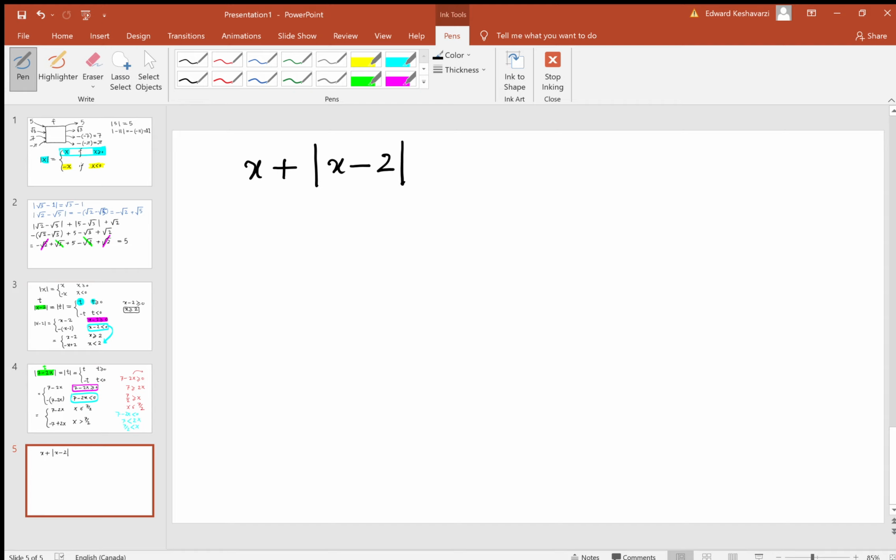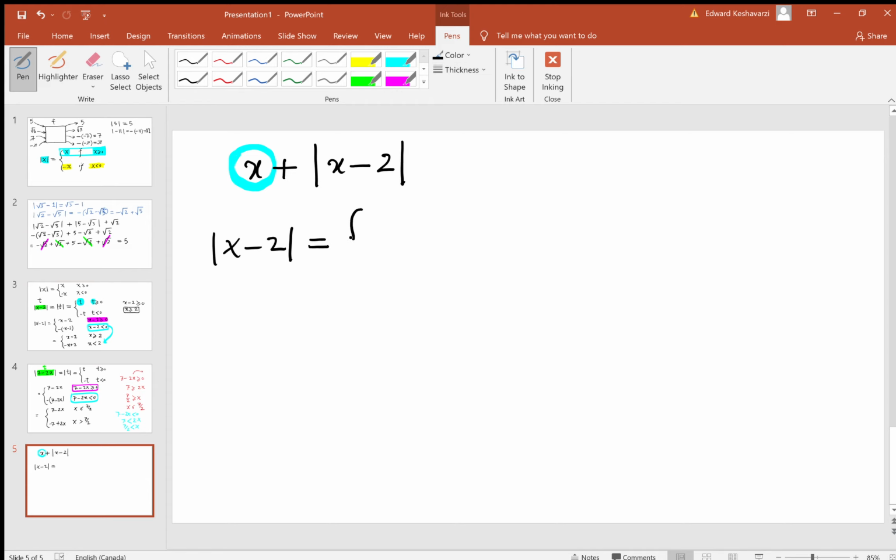This is what I suggest. First, you focus on absolute value. And for now, we put this aside and we'll focus on this.